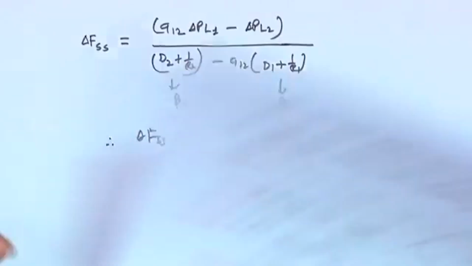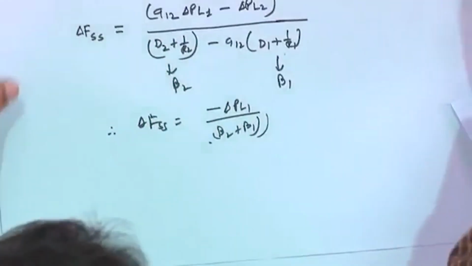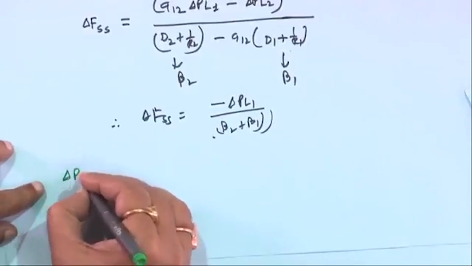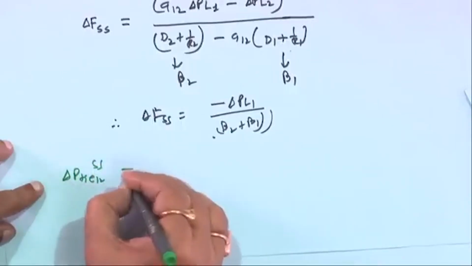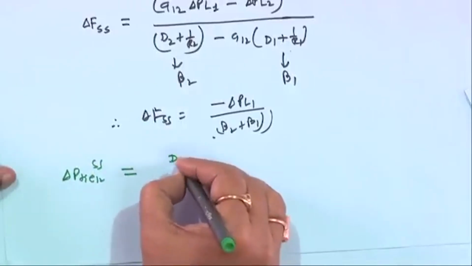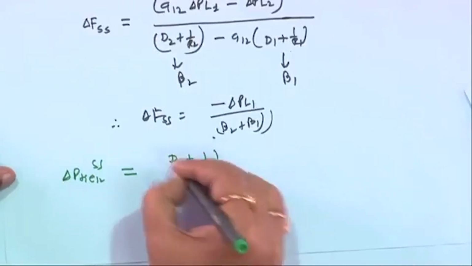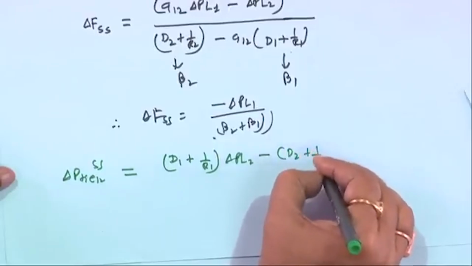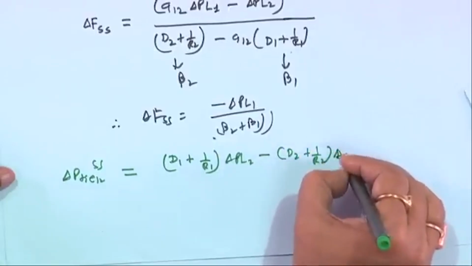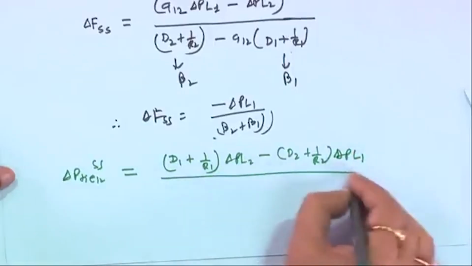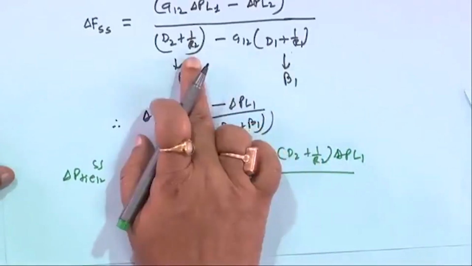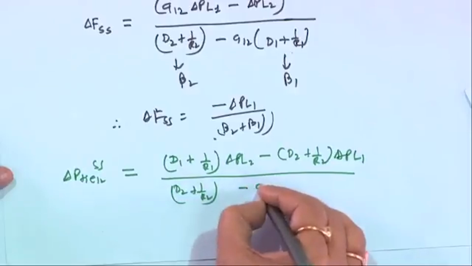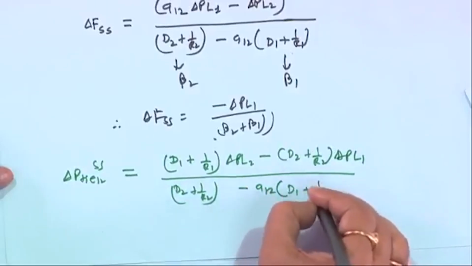Similarly, for the tie line power case, delta P tie 1 to SS, delta P tie 1 to steady state, is equal to the expression we got, D1 plus 1 upon R1 delta PL2 minus D2 plus 1 upon R2 delta PL1, divided by the same denominator, D2 plus 1 upon R2 minus A12 D1 plus 1 upon R1.